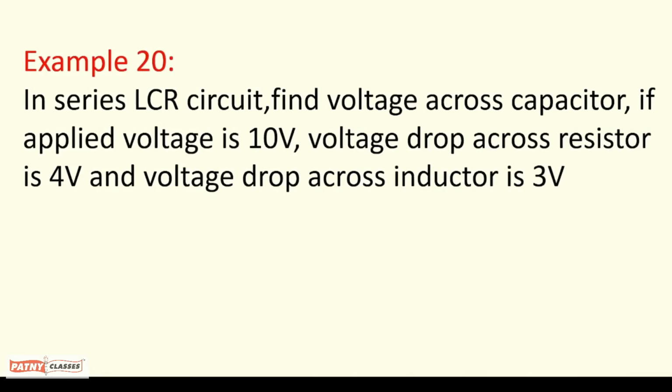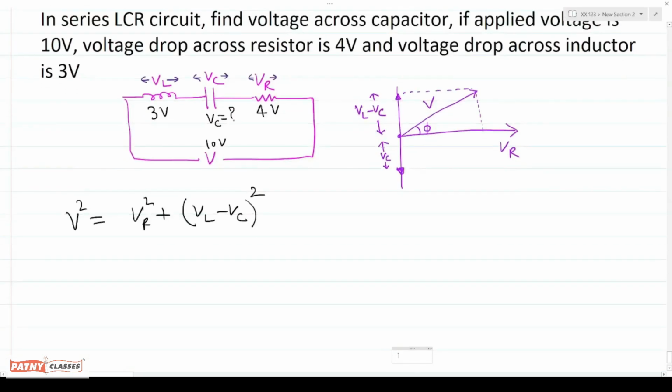Example 20. In a series LCR circuit, find the voltage across the capacitor if the applied voltage is 10 volts, the voltage drop across the resistor is 4 volt, and the voltage drop across the inductor is 3 volt. From the phasor diagram, it is clear that V square equals VR square plus VL minus VC whole square. V is 10, so 10 square, VR value 4 square plus VL value 3 minus VC whole square.